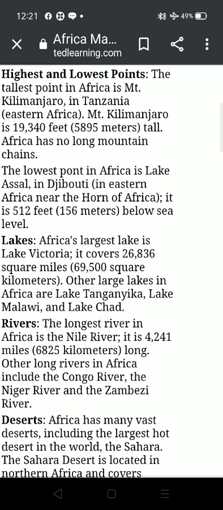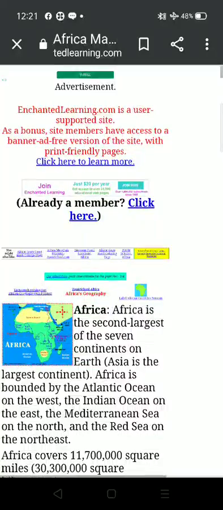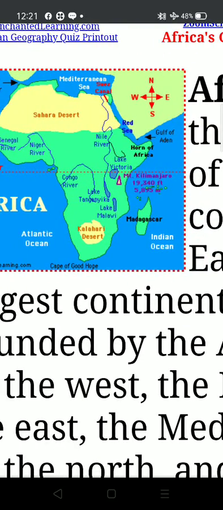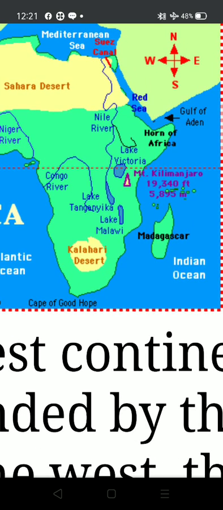Due to moderate rainfall, tall grasses are grown, like here in the textbook they have given the pictures. The map is given. Okay. Here this part, below the Tropic of Capricorn and above the Tropic of Cancer region, the most northern part of Africa.